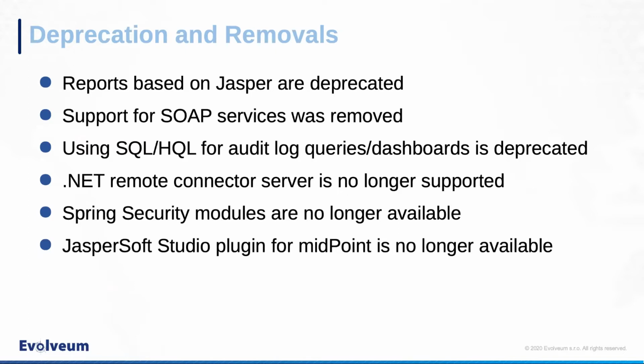Also, using SQL or HQL for audit log queries and dashboards was deprecated. The .NET Remote Connector Server is no longer supported. Spring security modules are no longer available. And finally, the Jasper Soft Studio plugin for midPoint is no longer available.